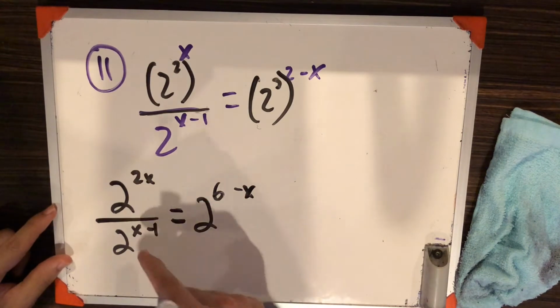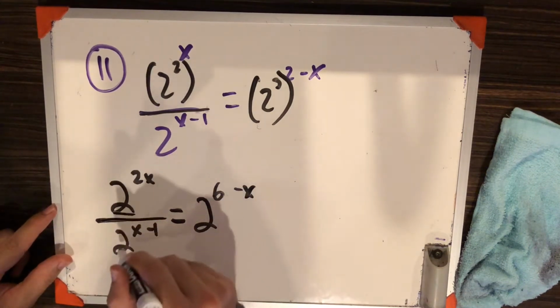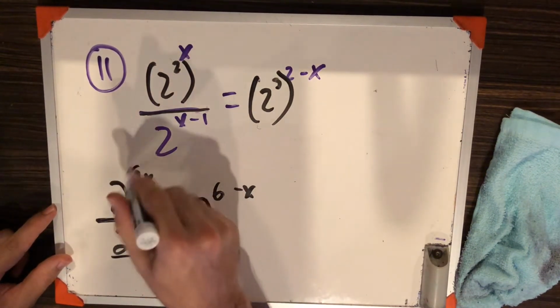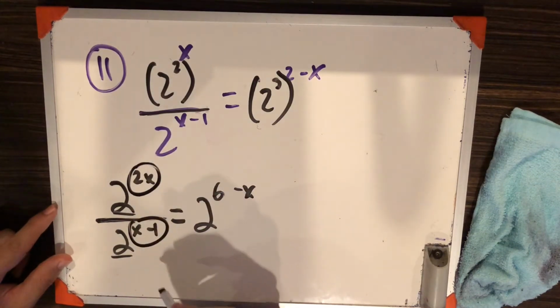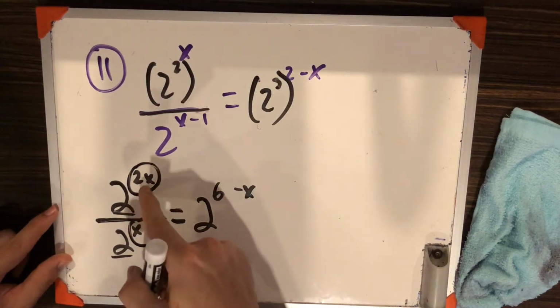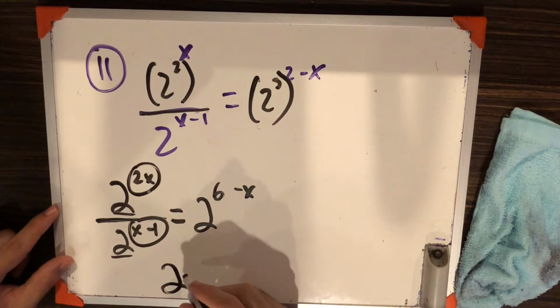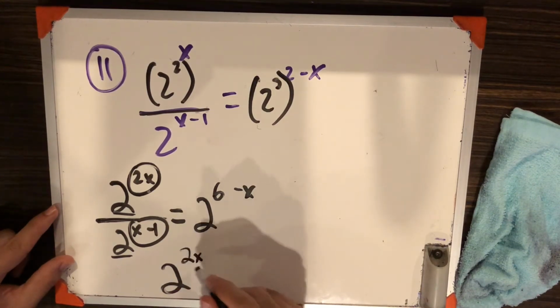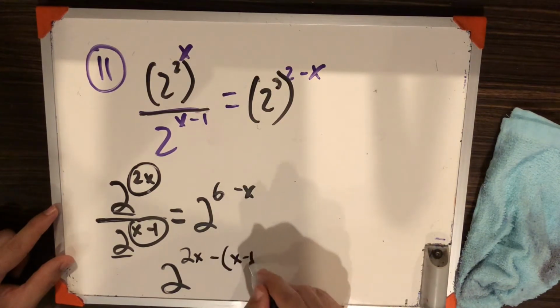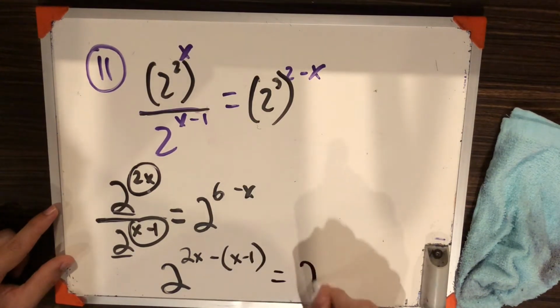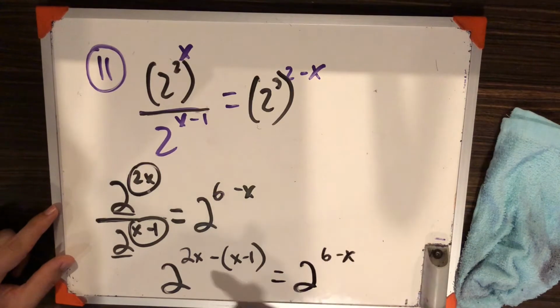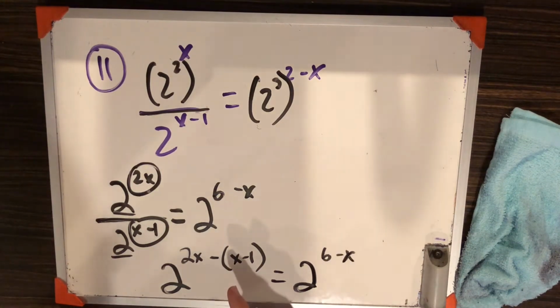Alright? Again, I'm dividing here and I have the same bases, so I can subtract these exponents. So 2x minus x. Let's take this slow because I do want to show this step. Don't make this common mistake.